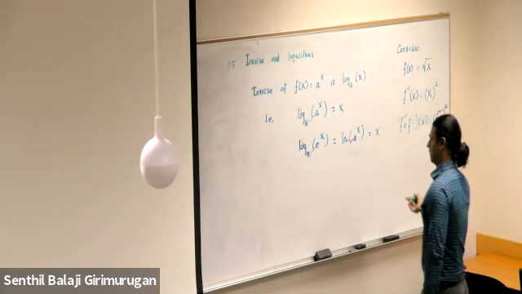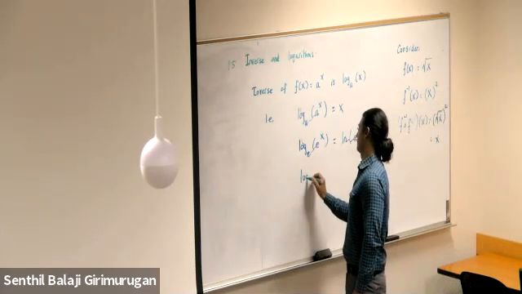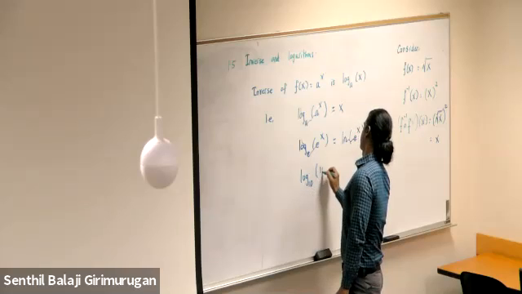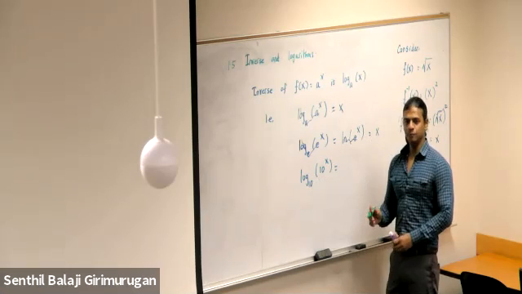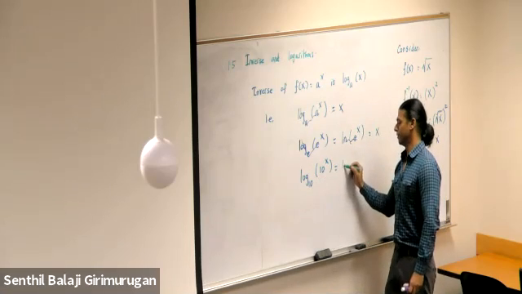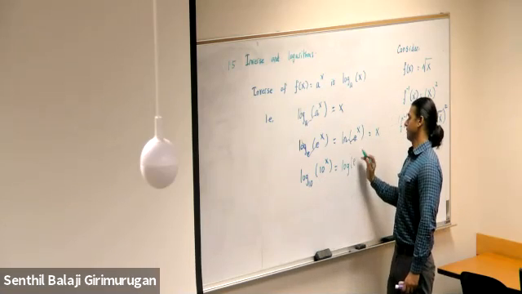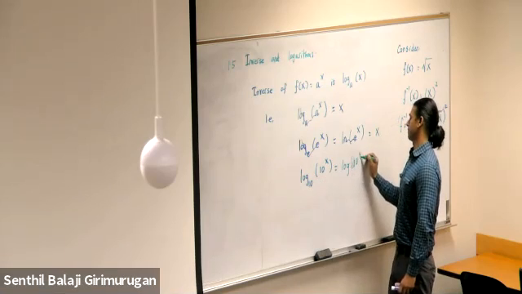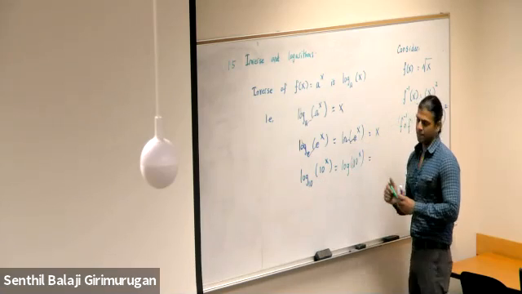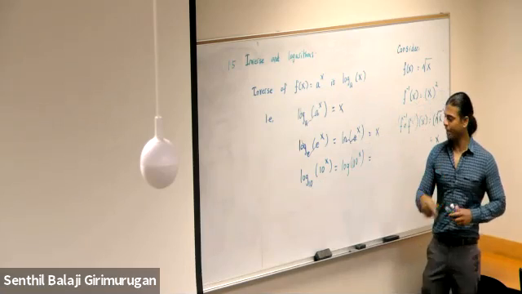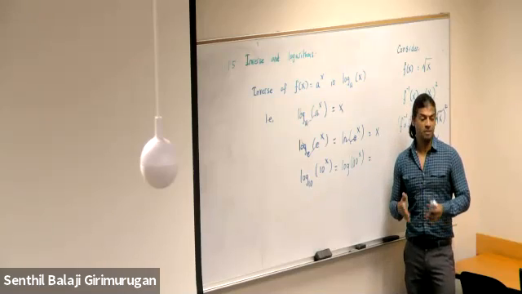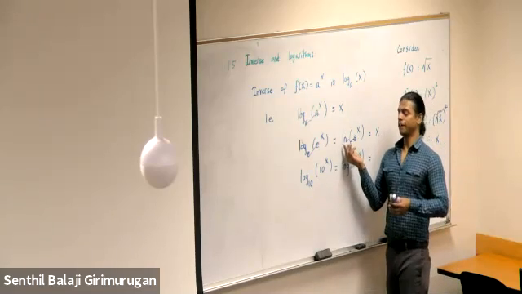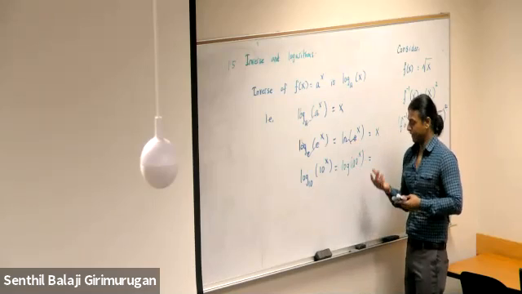Good. Also, log base 10 of 10 raised x. If it is log base 10, we simply write it as log. Those are the only two bases, natural base and base 10, where we don't have to specify the base, and we can write it as ln or simply log.